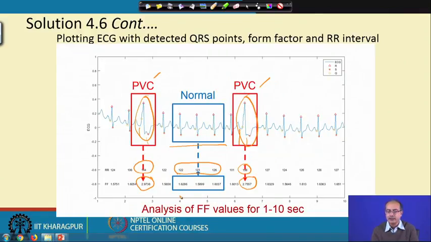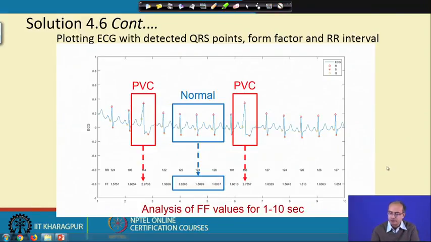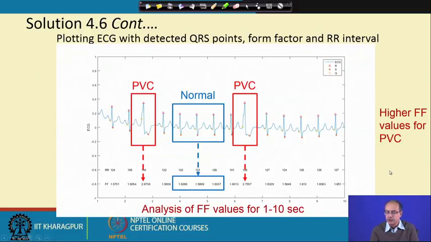Okay. So, that gives us some idea of how to separate them out. We get the range of the FF values which can help us discriminate the normal cycles and the PVC cycles. Armed with that knowledge, we proceed. What we note first is a higher FF value for PVC.